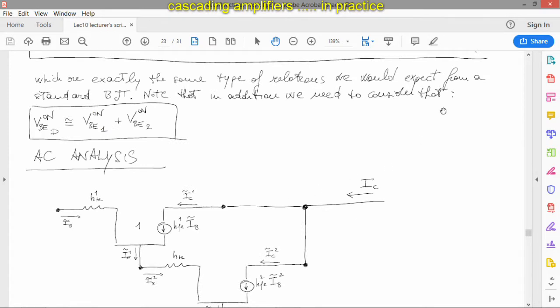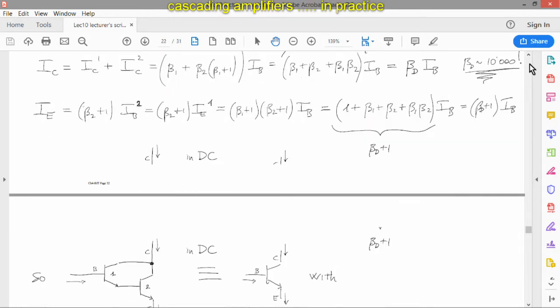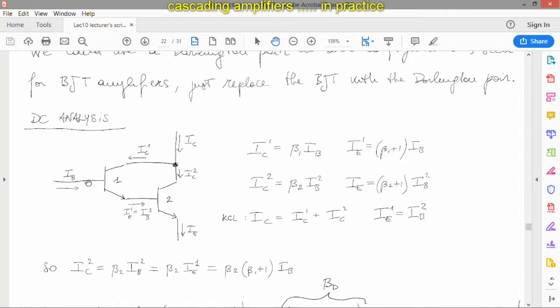The only thing to keep in mind when you use the Darlington pair, I did it probably up here, yes, is that because you have two BJTs connected together, you see the two BJTs here, both have to be on, active. So if I need to turn on this one and this one as well, I need to have VB on here, VB on there, and they are in series.